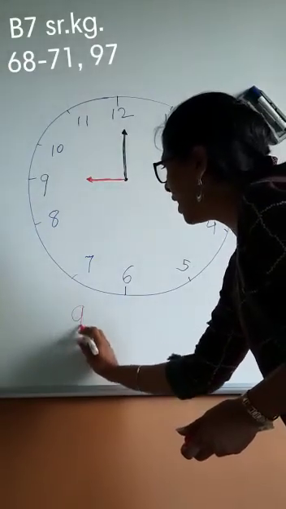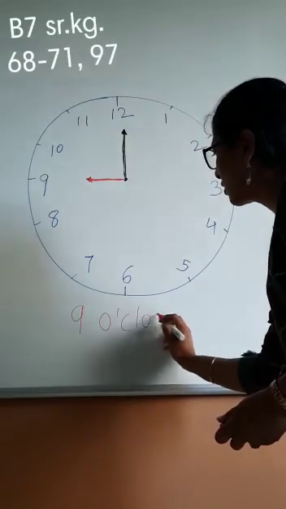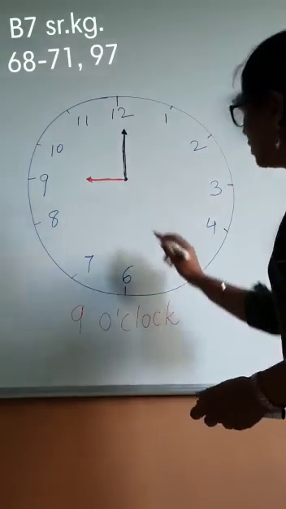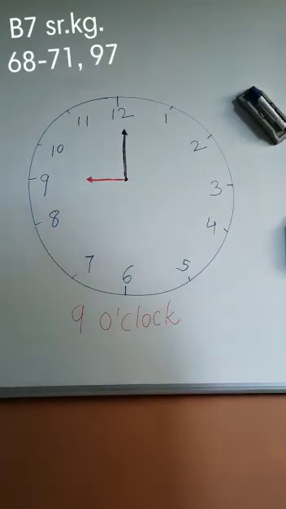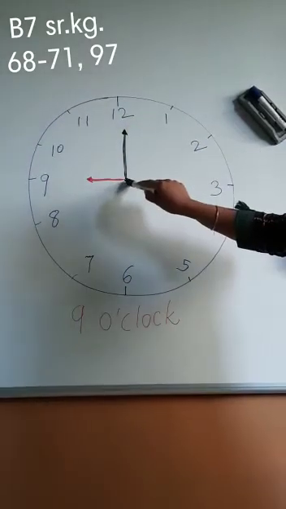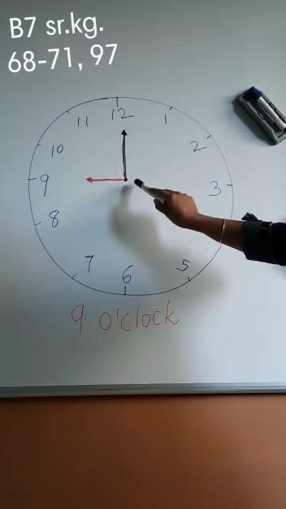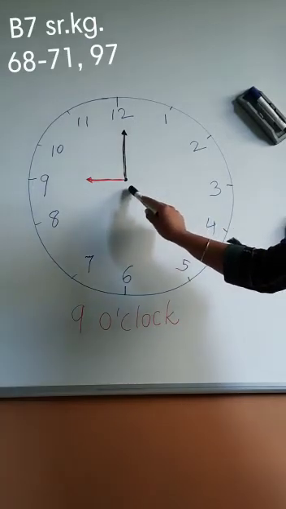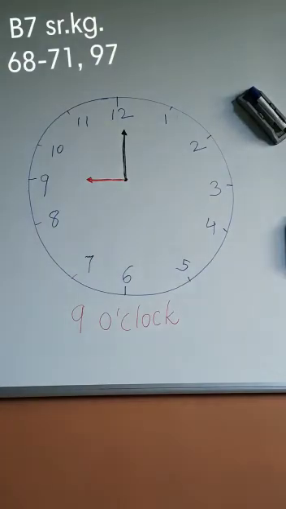See, 9 o'clock. Here the watch shows the time 9 o'clock. Understand? So in the center of the circle, make the proper dot. It's not in the center actually, but you make it in the center, right? In your book. So this is showing 9 o'clock. Understand?